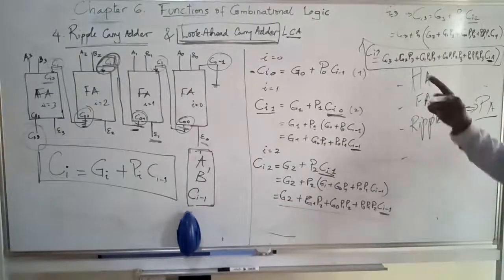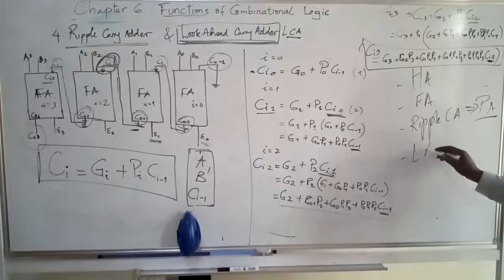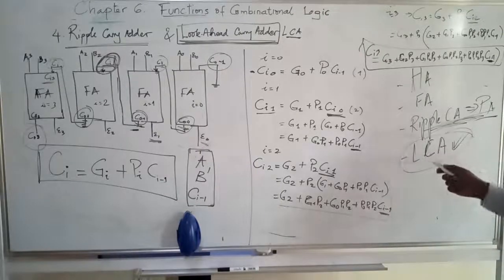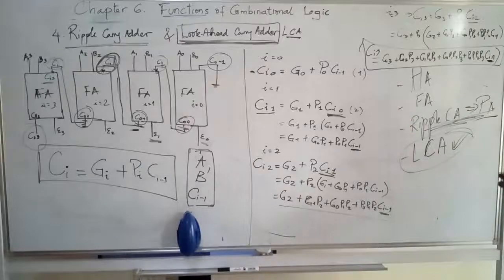And we have seen now the look ahead carry adder, which is very commonly used, so that it cancels the delay in the ripple carry adder, where the second carry out will be found after the summation of the first previous full adder.